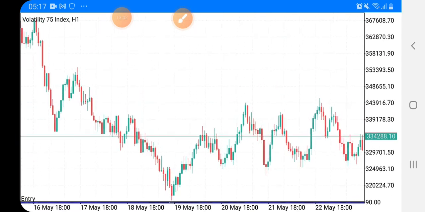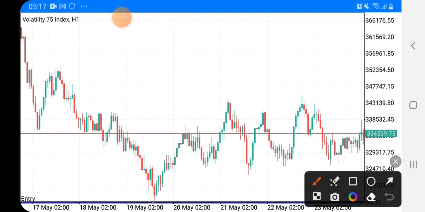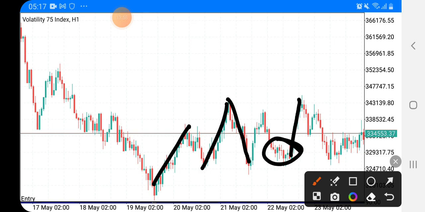So if you pay close attention to what I'm saying, like what the chart is doing right here, once you have this kind of move, you can see this is a move, this is a move, this is a move. You see the price moving, consolidating here. You are not paying attention to that.